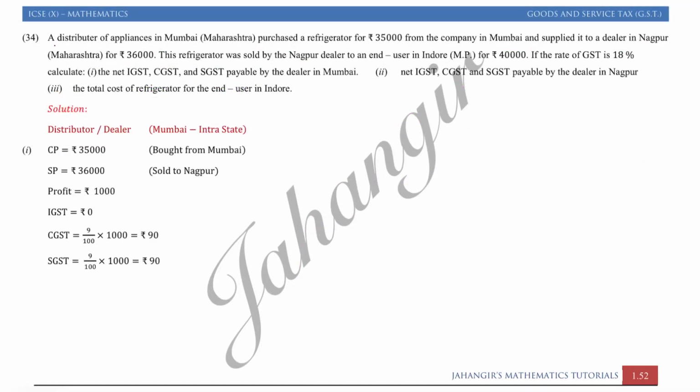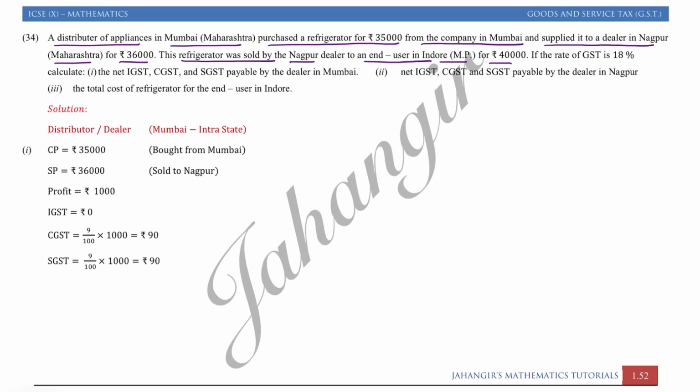Question 34. A distributor of appliances in Mumbai, Maharashtra purchased a refrigerator for rupees 35,000 from the company in Mumbai and supplied it to the dealer in Nagpur, Maharashtra for 36,000. This refrigerator was then sold by the Nagpur dealer to the end user in Indore, MP for rupees 40,000.